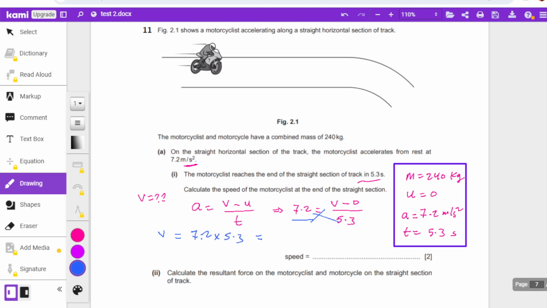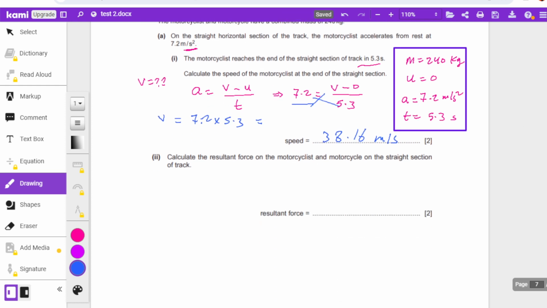Okay, this will be the answer. The answer will be 7.2 multiply 5.3 equal 38.16 meter per second.